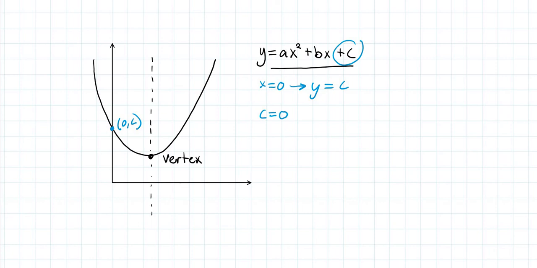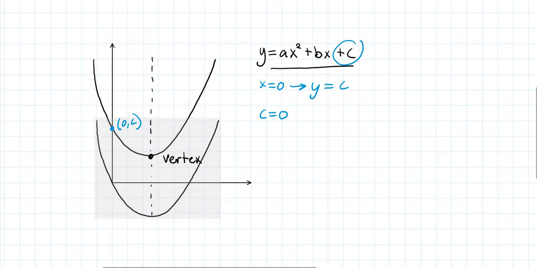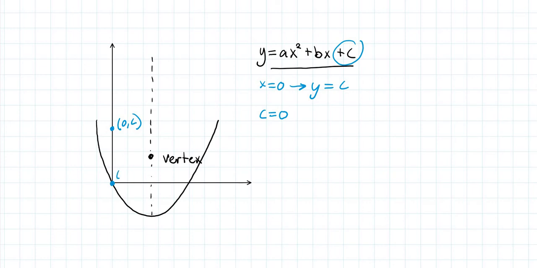What will that do? Well, I'm just going to grab this parabola and move it to the point where I've now moved this point down to c equals 0. So we have 0, 0.